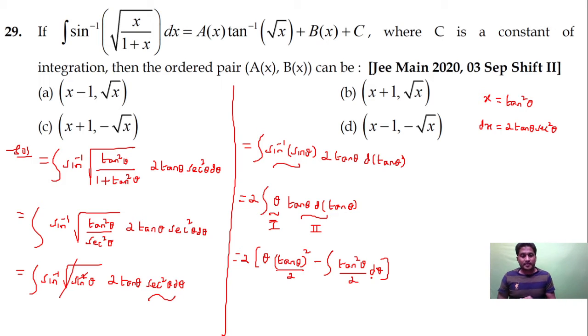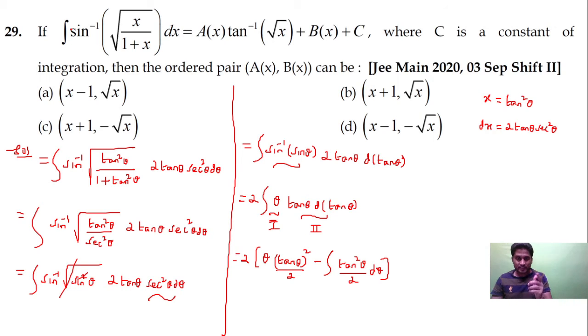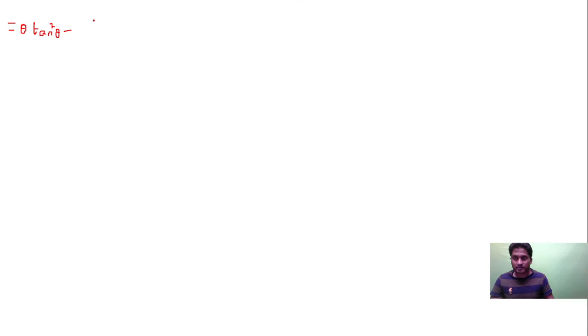Now if you open the bracket, the 2 will get cancelled. So this becomes theta into tan square theta, minus, again, the 2 will get cancelled, left out is tan square theta. Tan square can be written as sec square minus 1, so sec square theta minus 1 d theta. This is equal to theta into tan square theta, minus integration of sec square theta d theta plus integration of d theta, plus c.